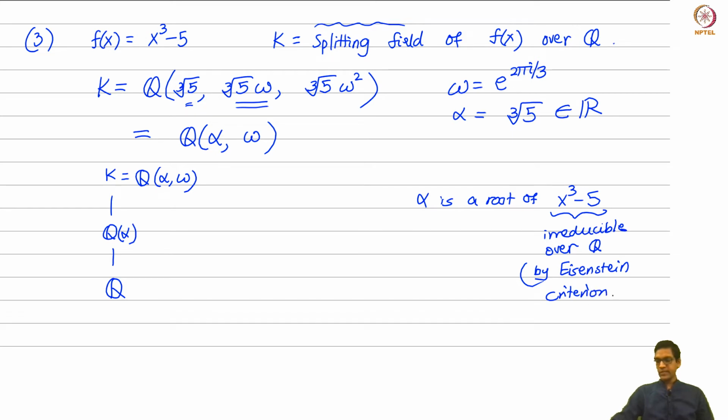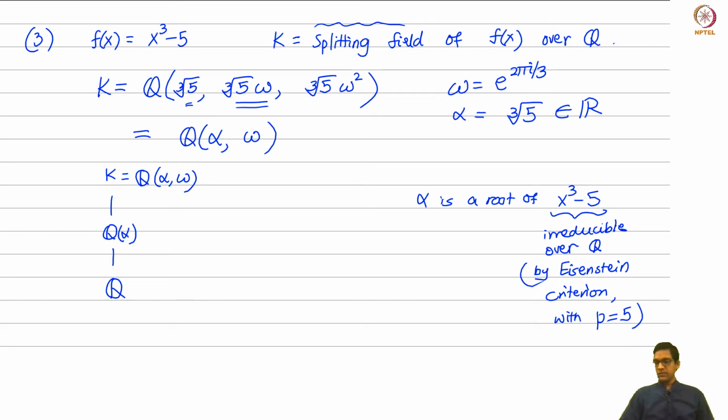Recall the Eisenstein criterion requires a certain prime number p that you use to prove the irreducibility. Here you can take that prime to be 5. This prime doesn't divide the leading term, it divides the constant term, and the square of this prime does not divide the constant term. Those were the conditions you needed for the Eisenstein criterion for irreducibility.